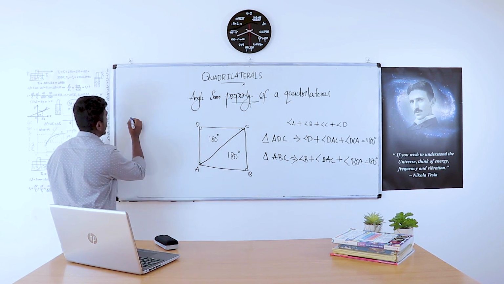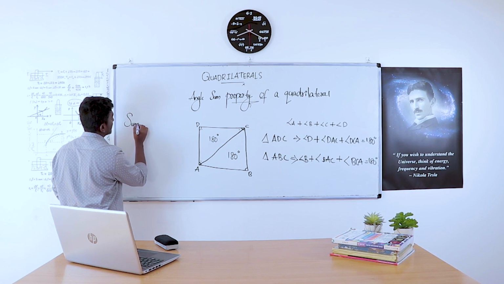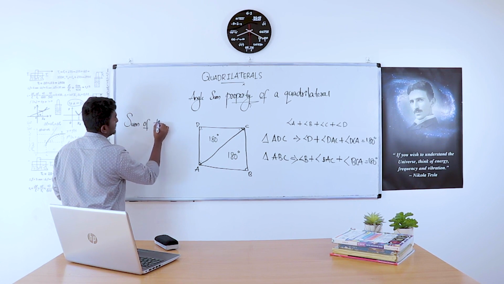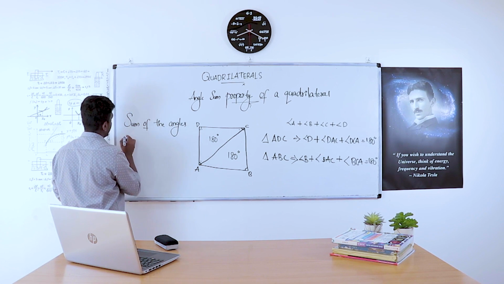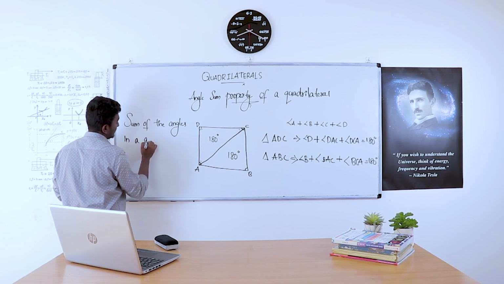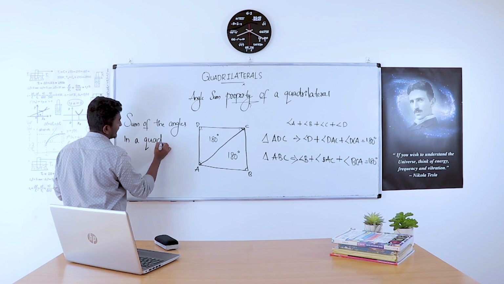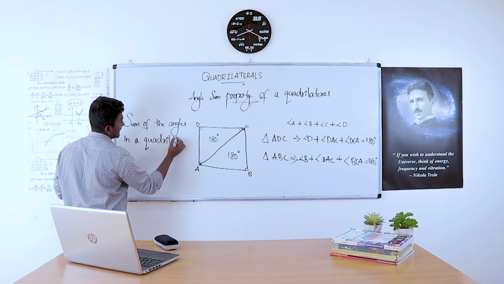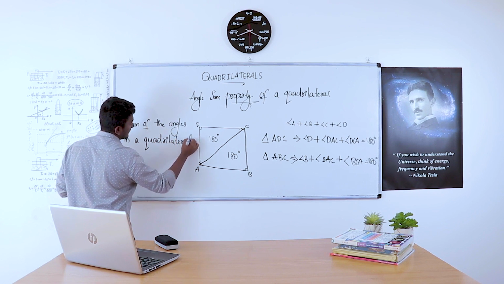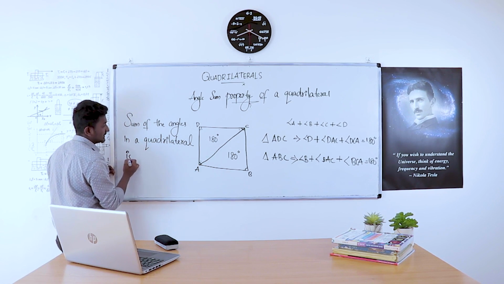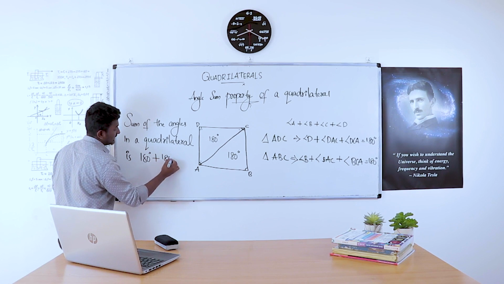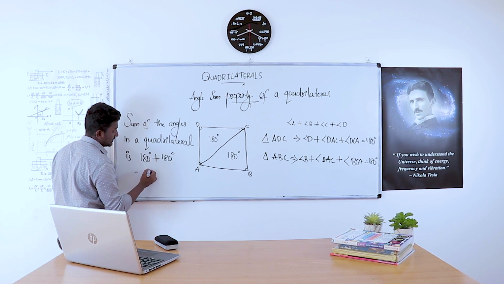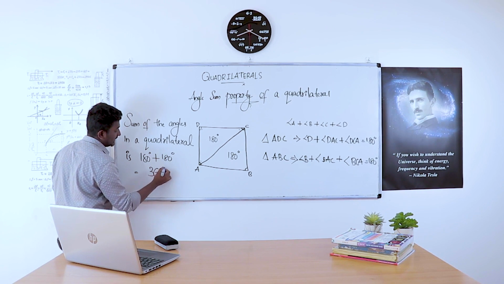So we can say that the sum of the angles in a quadrilateral is 180 degrees plus 180 degrees, which is equal to 360 degrees.